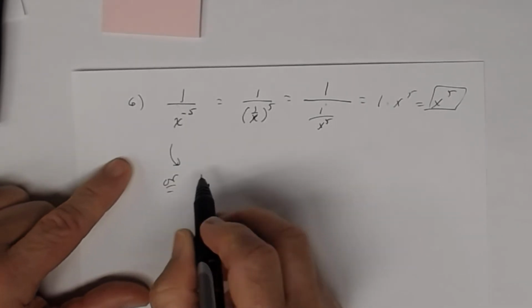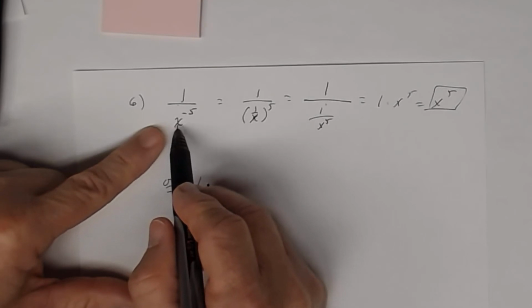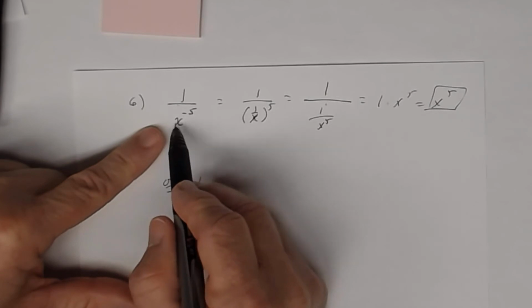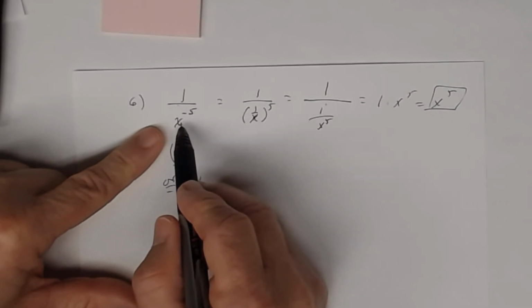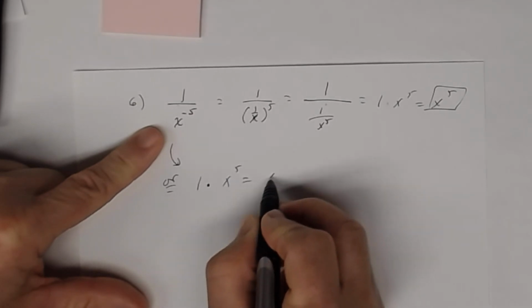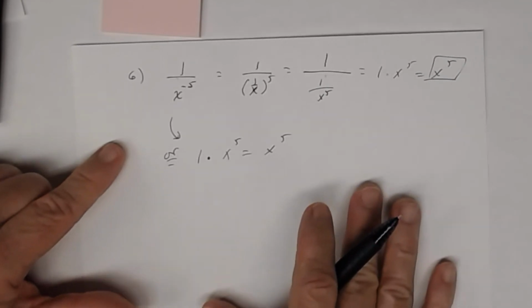So it'll be 1 times, and to make this exponent positive, it's negative in the denominator, so I'm going to take this whole thing and bring it to the numerator. So I get x to the fifth, so 1 times x to the fifth is x to the fifth. So that's another way you can think about that.